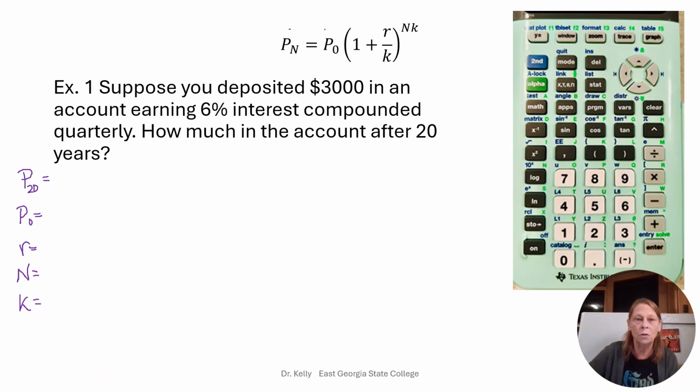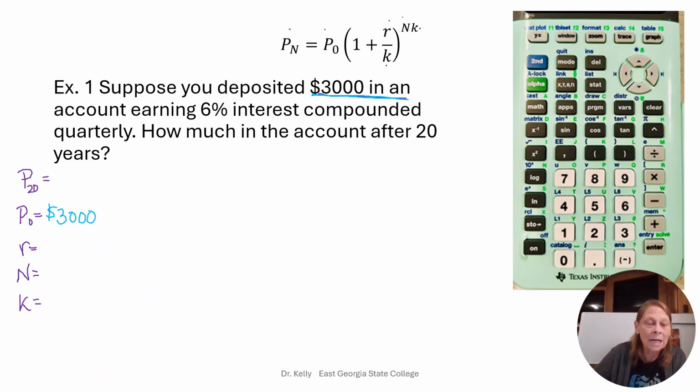Notice 1, 2, 3, 4, 5. There are 5 variables in our equation. Now let's roll through here and find what everything is. It says, suppose you deposited $3,000 in an account. That is the principal, the initial deposit, so we're going to write $3,000.